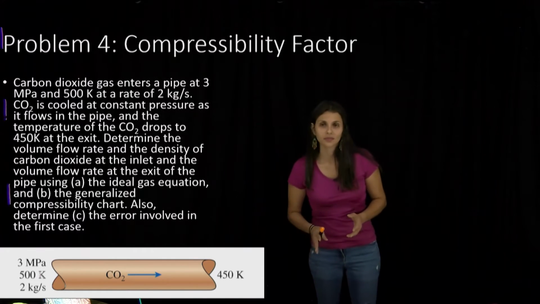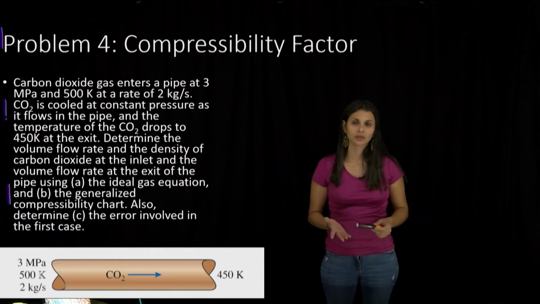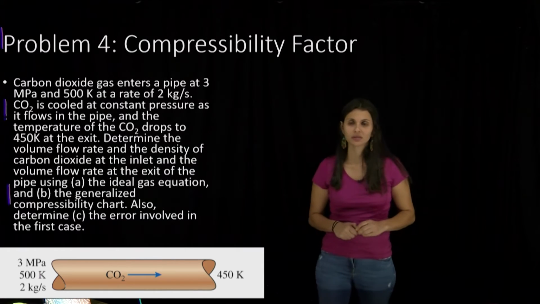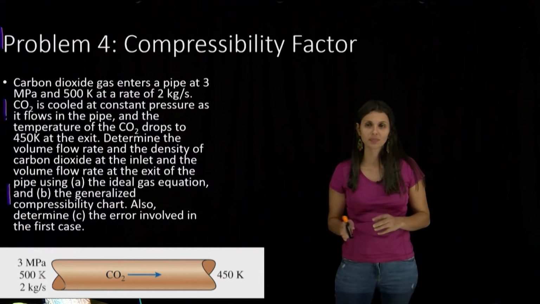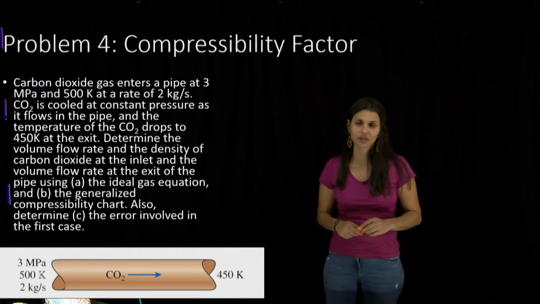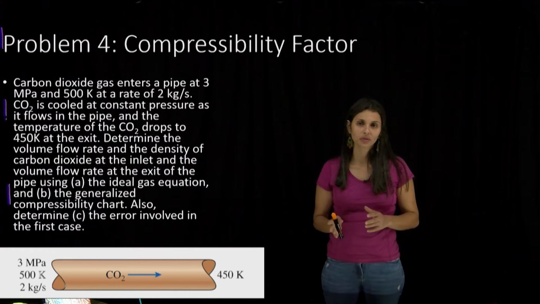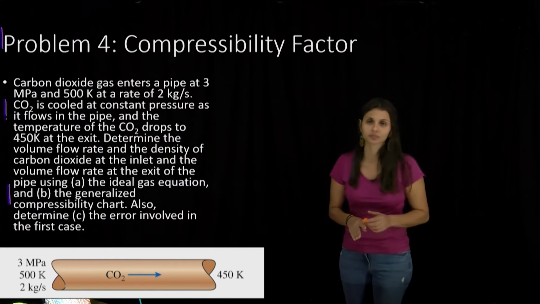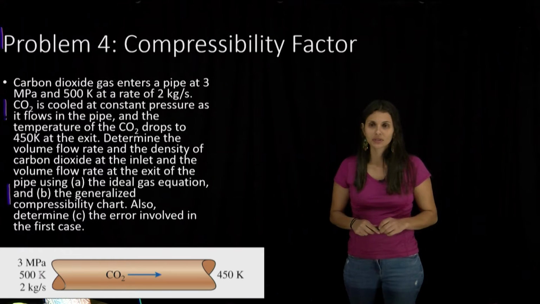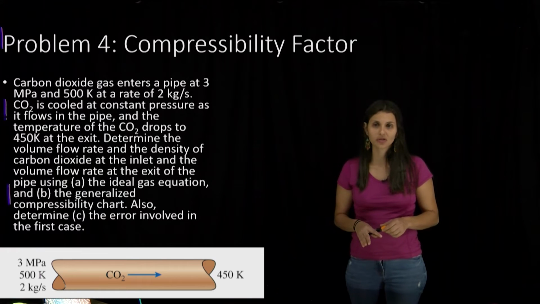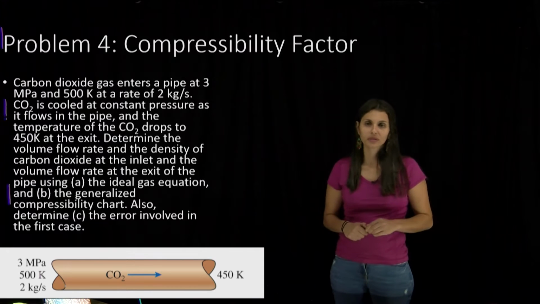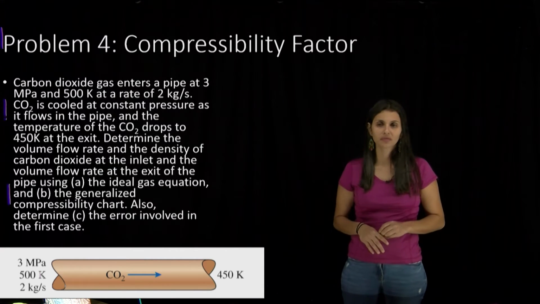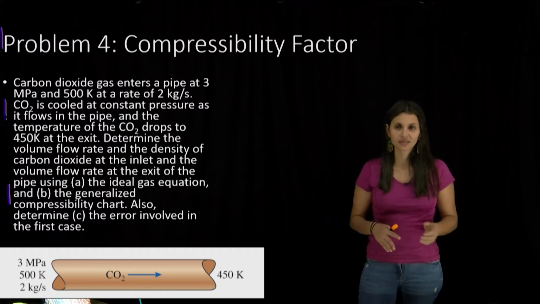And our last problem deals with the compressibility factor. It says carbon dioxide gas enters a pipe at 3 megapascals and 500 Kelvin at a rate of 2 kilograms per second. CO2 is cooled at constant pressure as it flows in the pipe, and the temperature drops to 450 Kelvin at the exit.